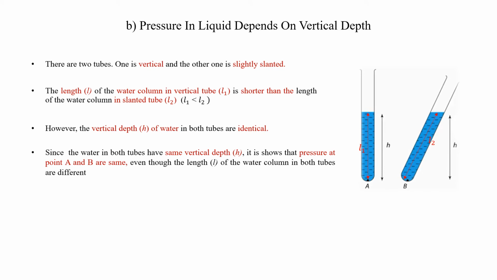Since the water in both tubes have the same vertical depth, it shows that pressure at point A and B are the same, even though the length of the water column in both tubes are different. Therefore, pressure depends on vertical depth but not on the length of the water column.